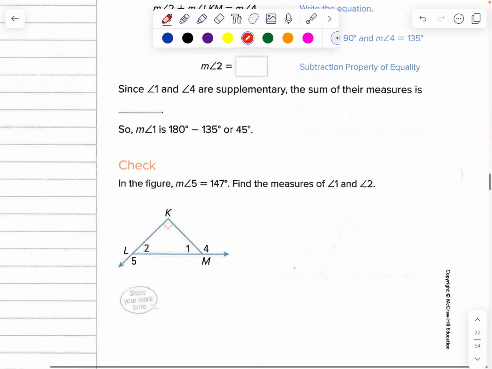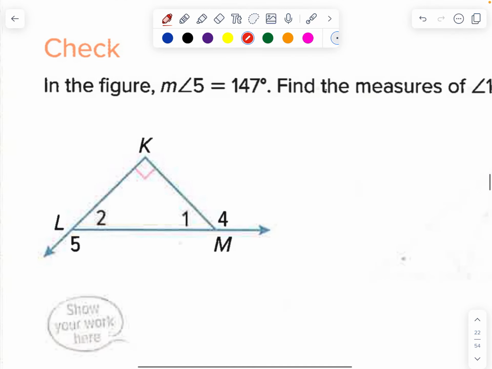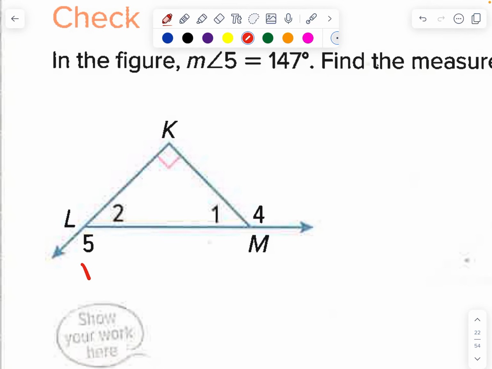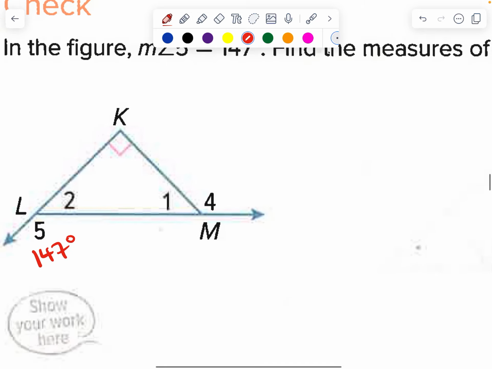Okay, so we're going to do the same thing right here. This time this is 147 degrees. And we're going to find angles 1 and 2. So I'm going to just start off with this one right here. So this is 147 degrees.